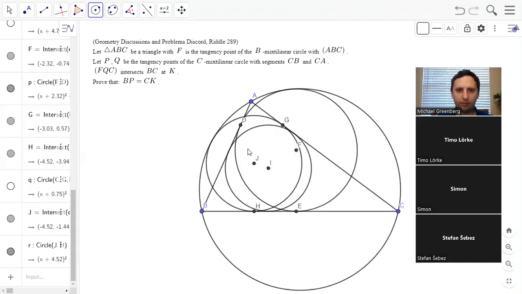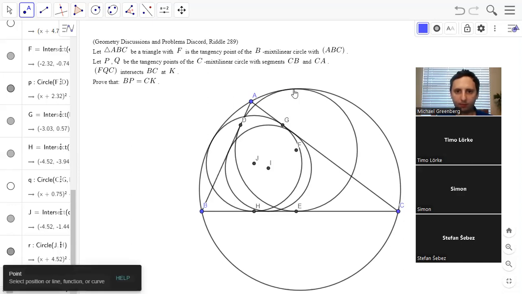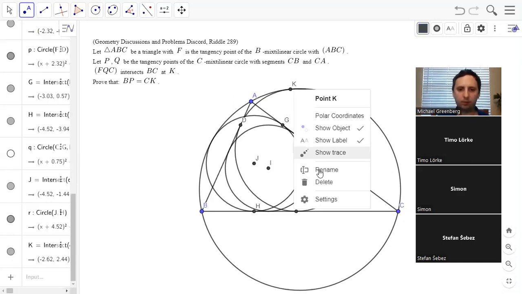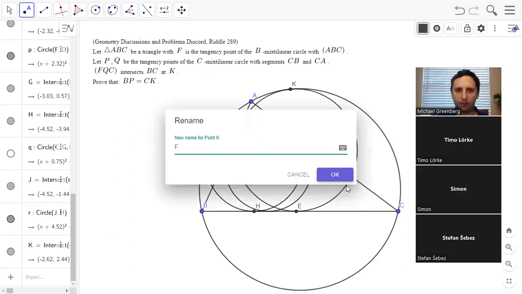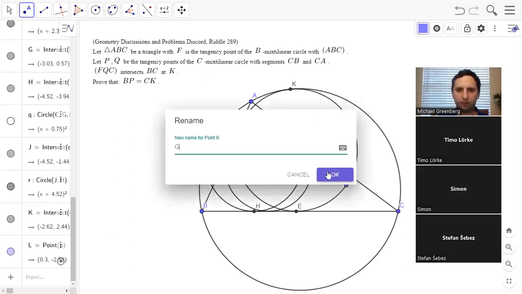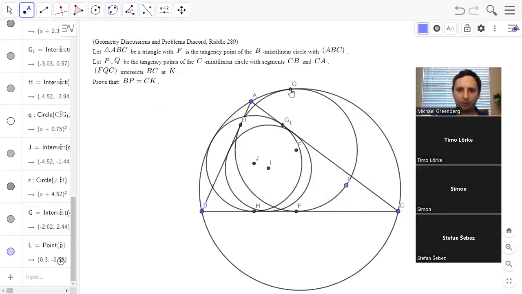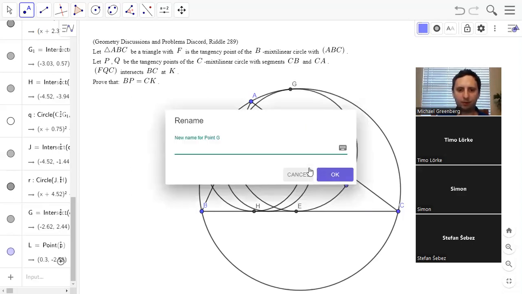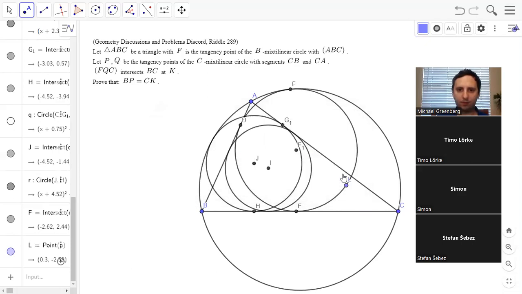So we have the B circle, and this should be F. Why won't it be F? There we go. And then we draw CB and CA.